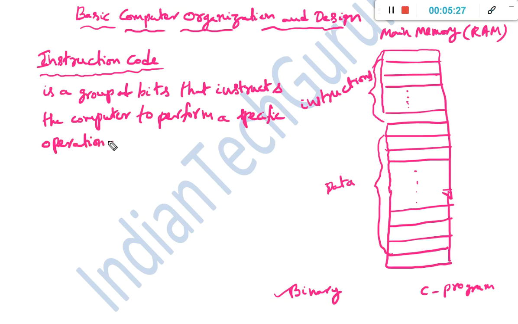Okay, the instruction code is going to tell the computer to perform a specific operation based on a group of bits.